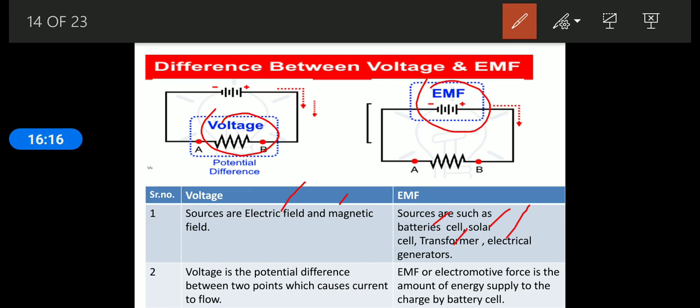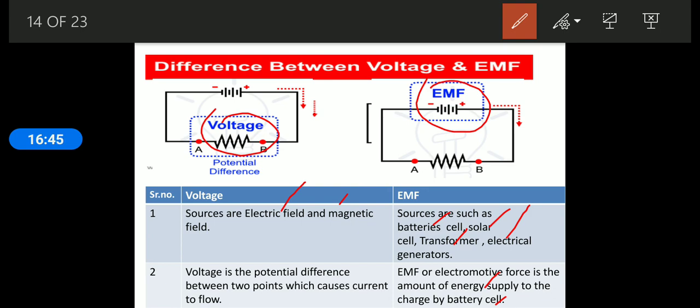The electromotive force, EMF, is the amount of energy, amount of force supplied to a charge or electrons by a battery or cell. That is, this supplies the energy to the electrons for flow.